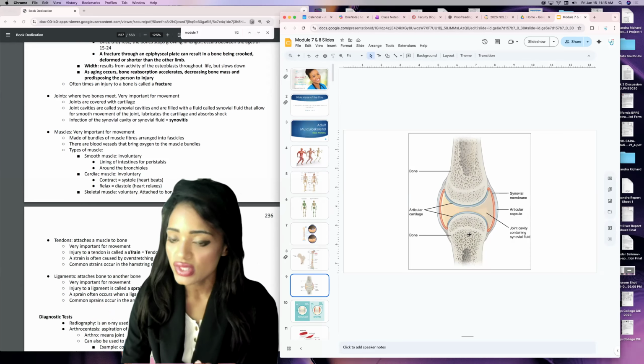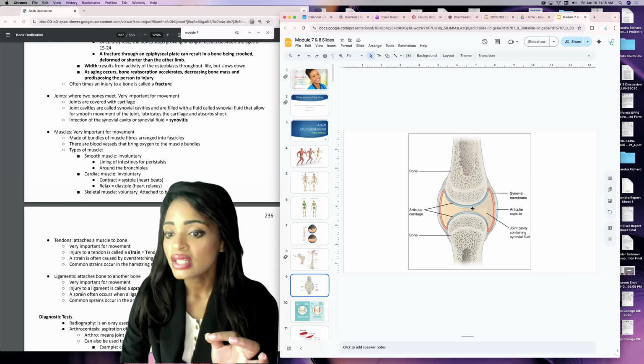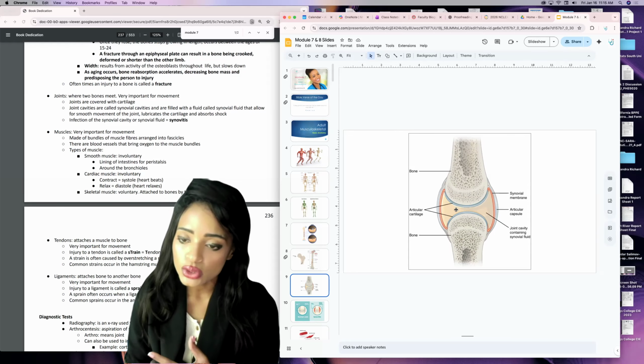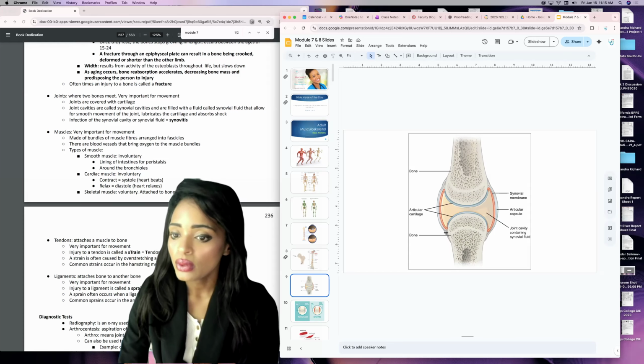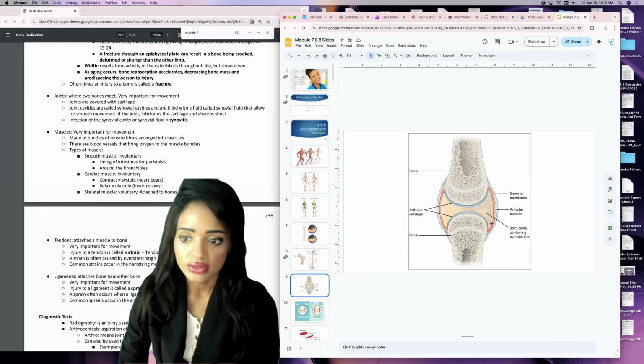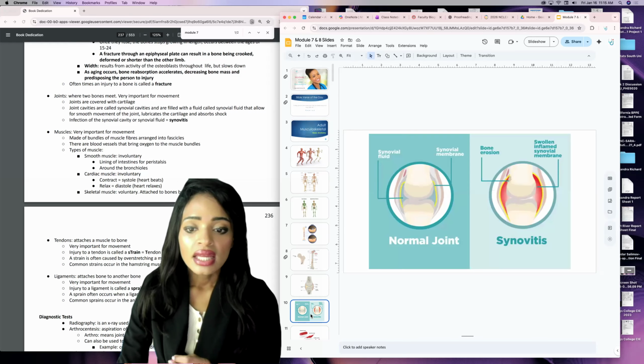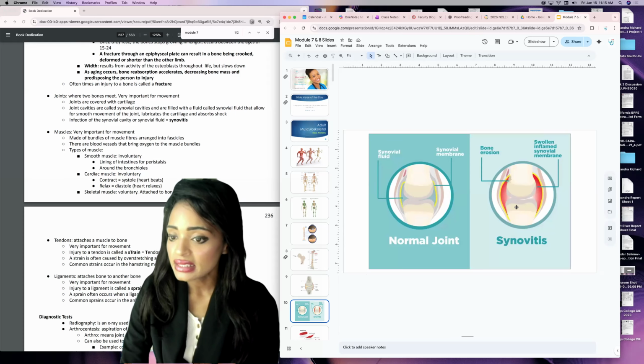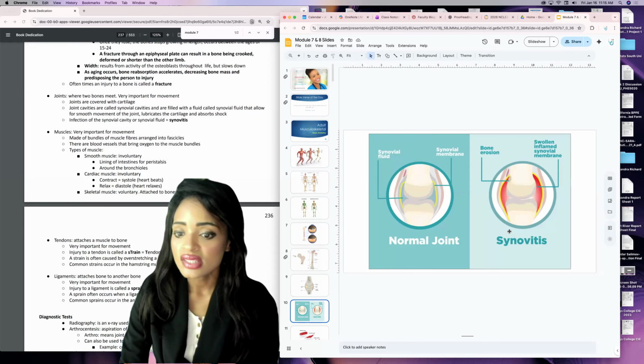We can see the bones are separated, and there's a layer of fluid in between as a cushion and as a shock absorber for trauma. And also the bones are lined with cartilage here in this picture. Okay. And we learned that when the joint cavity is infected or inflamed, that's called synovitis.